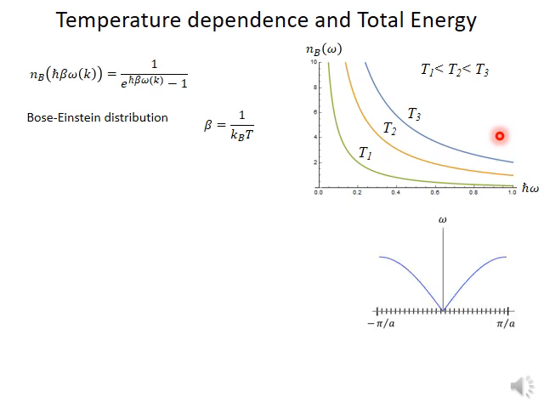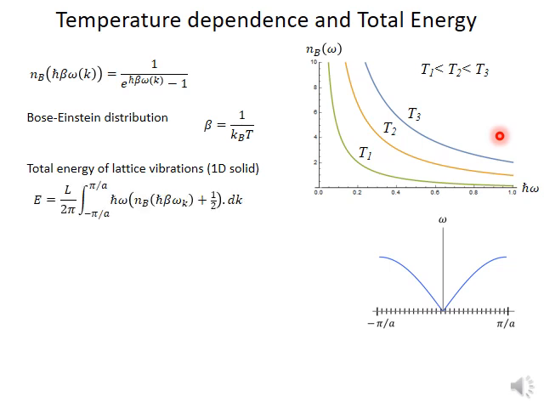So that's the temperature dependence, which previously was missing in the problem, and has now been tackled by introducing quantization into the picture. You can then ask another question: what would be the total energy of lattice vibration in a one-dimensional solid? You can construct an integral to find this.